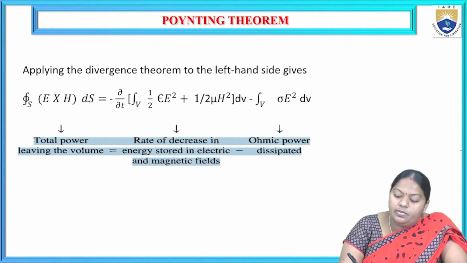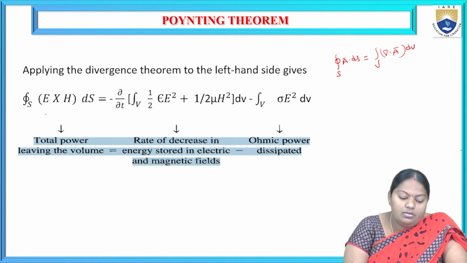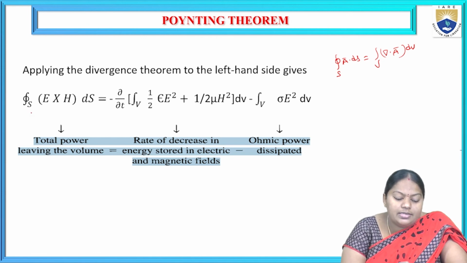The divergence theorem gives us closed surface integral S A dot dS is equal to integral V del dot A dV. In place of A, here we have E bar cross H bar. Hence, closed surface integral S E bar cross H bar dS is equal to this term.